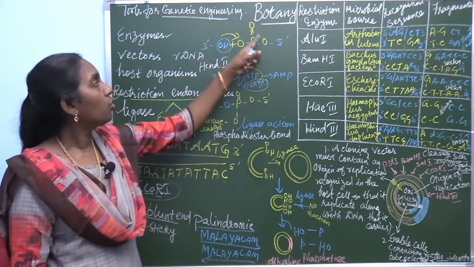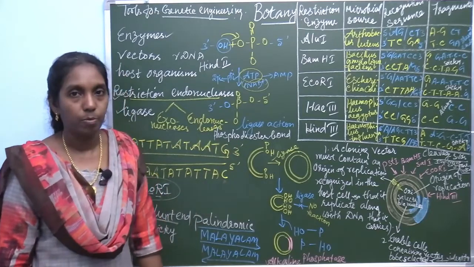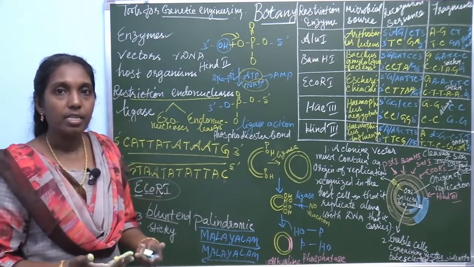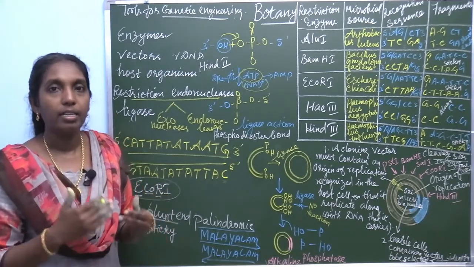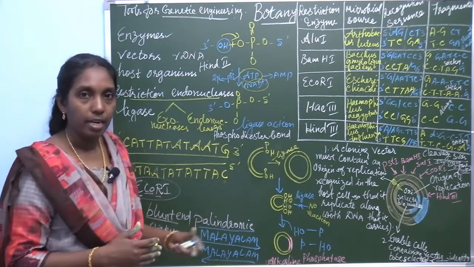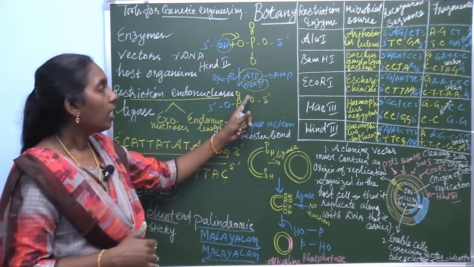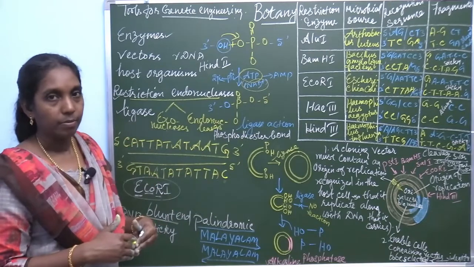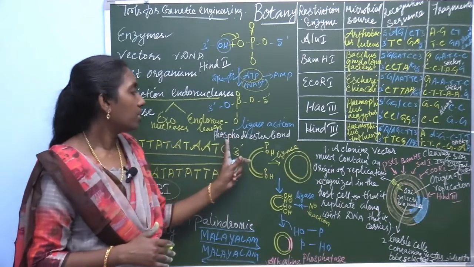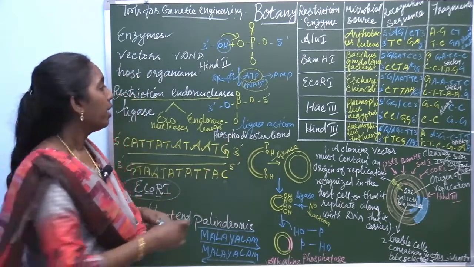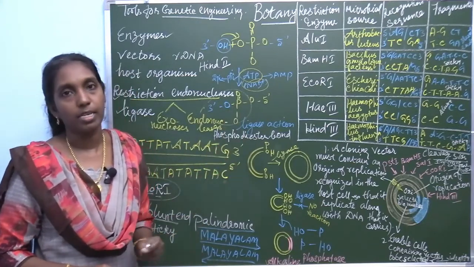It joins the DNA sequences. The ligase enzyme joins sugar and phosphate in the double-stranded DNA. See, this is the double-stranded DNA. Mainly adenosine triphosphate, ATP, is involved and it joins the phosphodiester groups. That's the role of ligase enzyme.